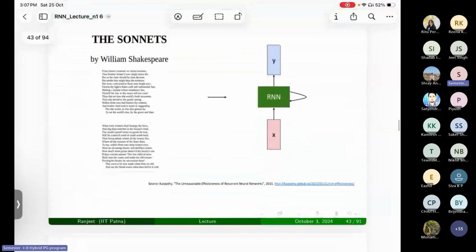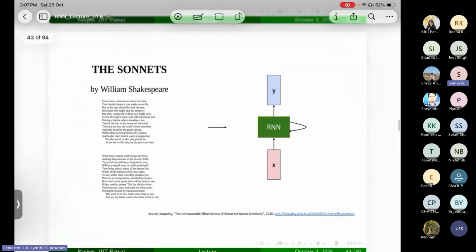So let's see some of the examples where people have done it. This is the paper which came in 2015 by Karpathy. What he has done is they have trained this RNN on the sonnets book by William Shakespeare.